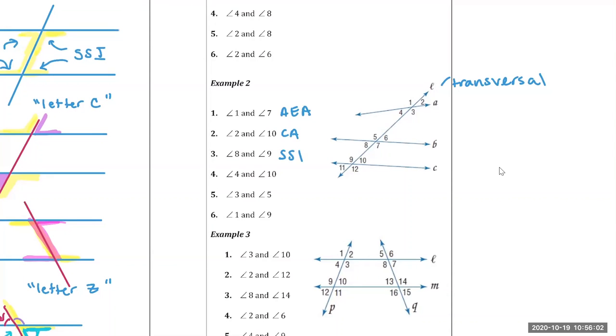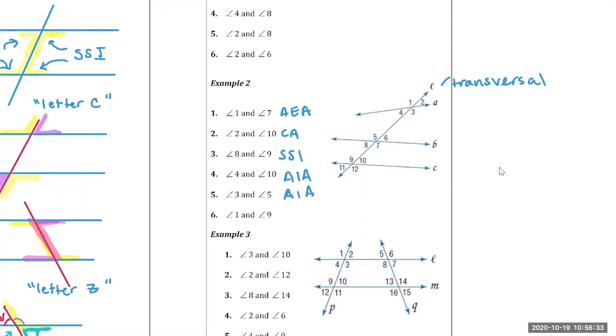Very nice. Good. Those of you guys typing it out. Okay, they are on alternate sides of the transversal and on the inside, so alternate interior angles. Very nice. Let's try 3 and 5. Okay, still AIA.